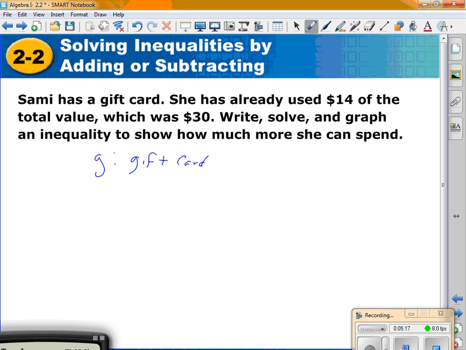We're going to say G is the gift card. What do you think the inequality is going to be? There's a couple different ones I could write. G minus 14. Okay. What do I know I have? I have $30.